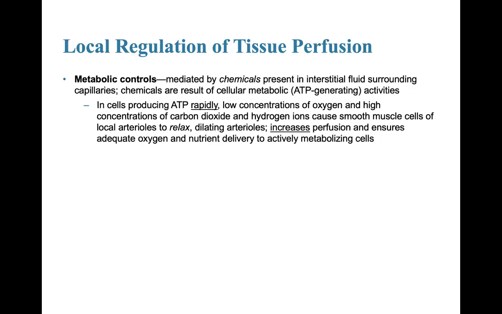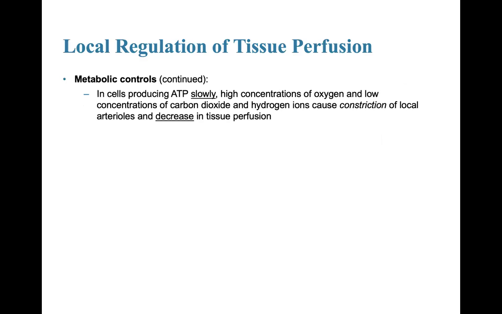In cells producing ATP rapidly, low concentrations of oxygen and high concentrations of carbon dioxide and hydrogen ions cause smooth muscle cells of the local arterioles to relax, dilating the arterioles, increasing perfusion, and ensuring adequate oxygen and nutrient delivery to the metabolizing cells. In cells that are producing ATP slowly, high concentrations of oxygen and low concentrations of carbon dioxide and hydrogen ions will cause constriction of arterioles and a decrease in tissue perfusion.